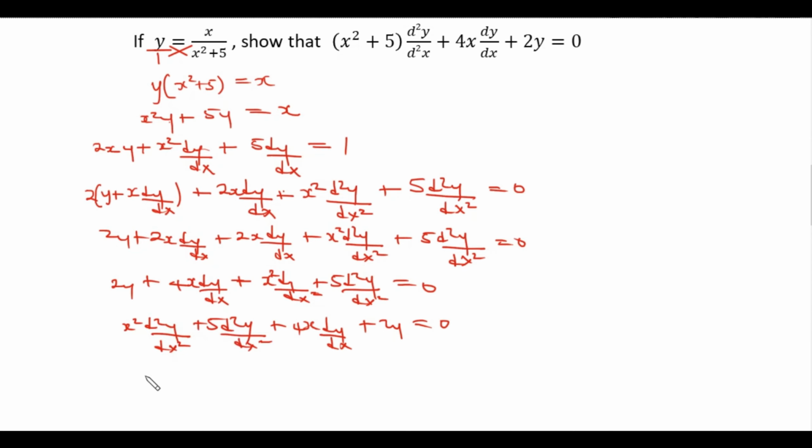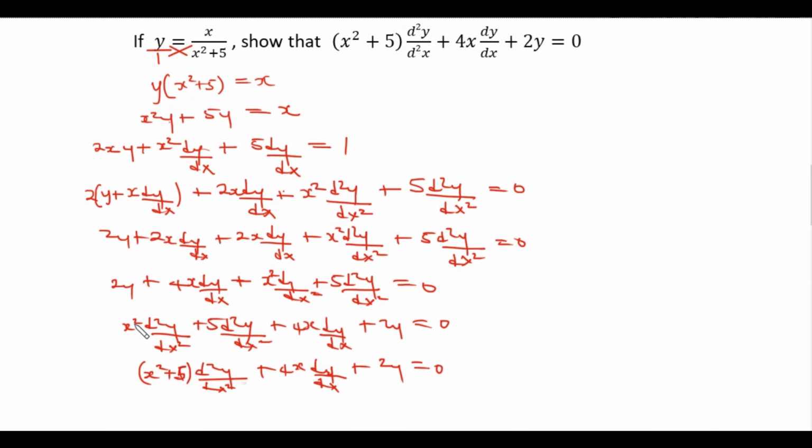So we're going to be left with x squared plus 5, d squared y all upon dx squared, plus 4x dy/dx plus 2y is equals to 0.